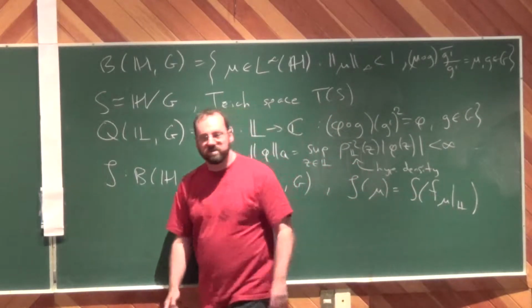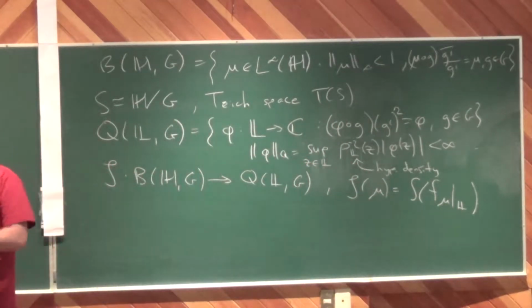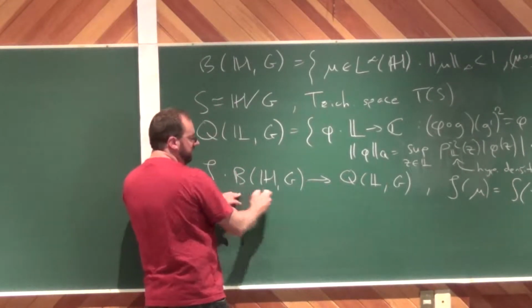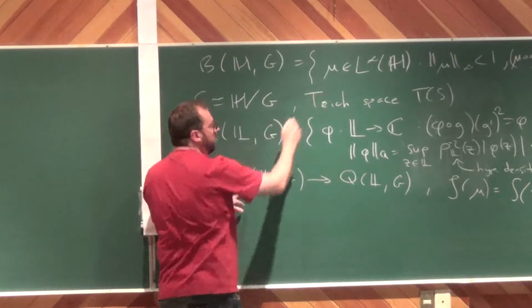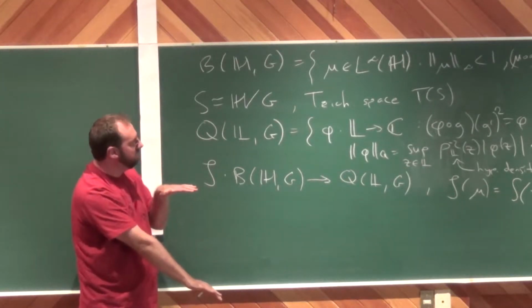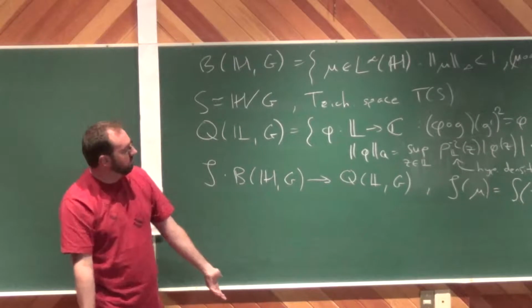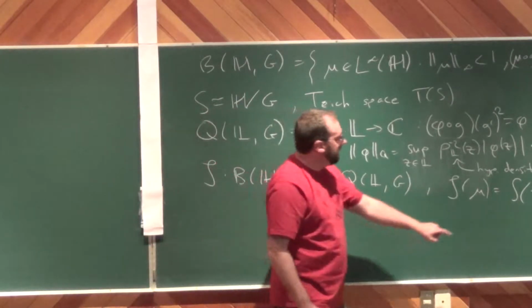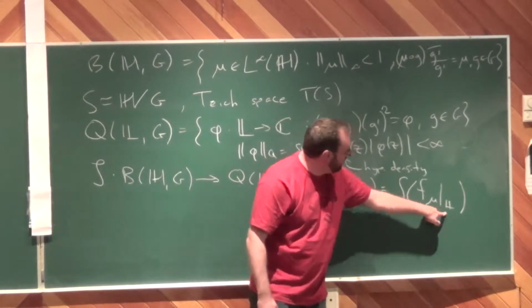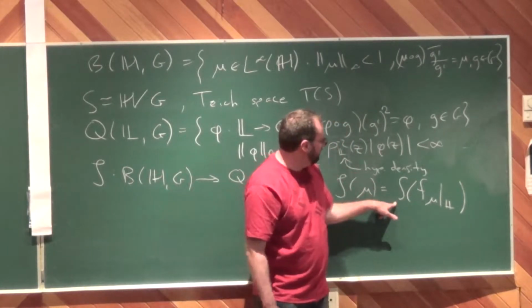So we defined what this was last time. We start with an element in here, so this is just one of these. We extend it to be defined on the whole plane by extending it to the lower half plane by 0. We solve the Beltrami differential equation, get a QC map F lower mu. This guy happens to be conformal on the lower half plane, so we can take the Schwarzian derivative.